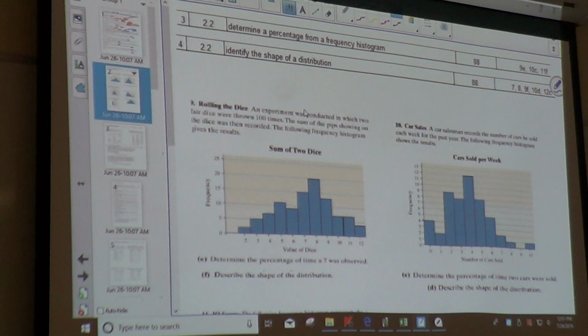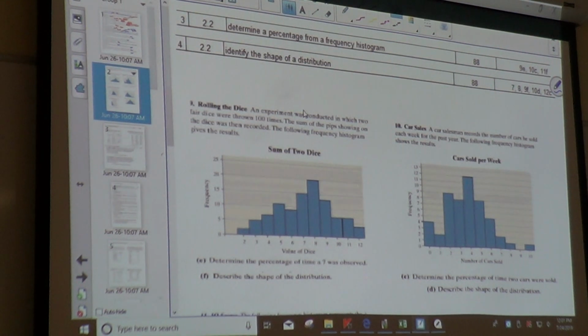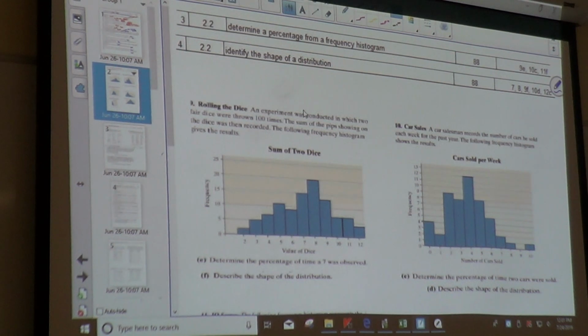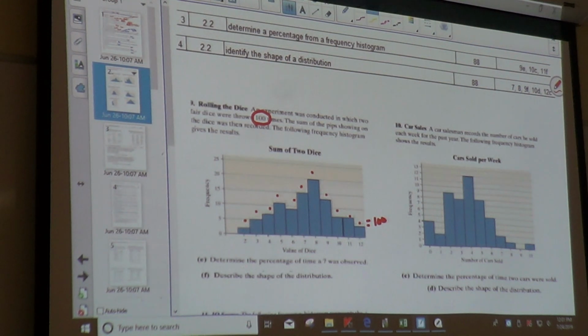Very good. Now, easy for this one, and you need to hope that on your test you have one like this. They told you right there that all of these added up is going to equal 100. So they were nice to you. They told you that all of them added up was 100. So if we come here, that's 15.